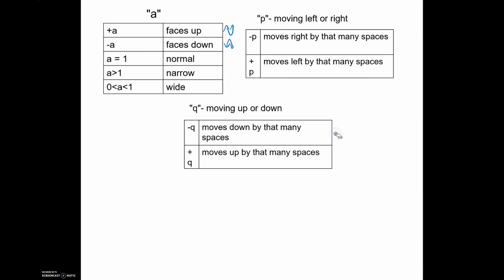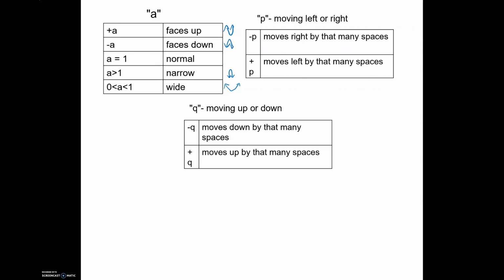Let's look at the next one. Our graph will be very narrow if our a value is larger than 1. And if it's a decimal between 0 and 1, it's going to be very wide. Our p-value, if it is a negative p, that means we move right by that many spaces.